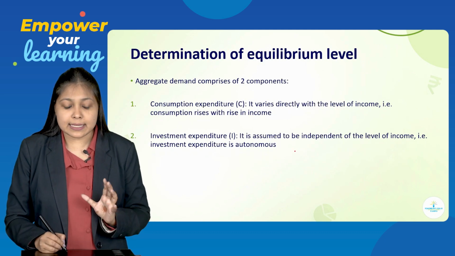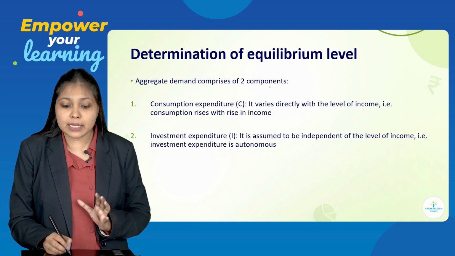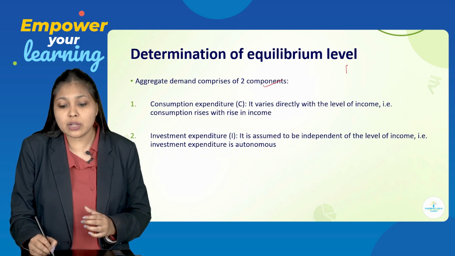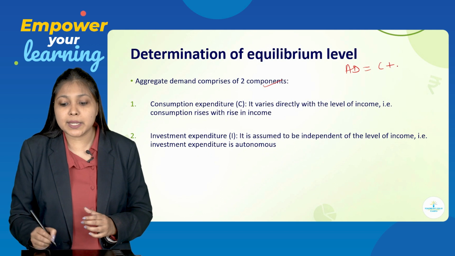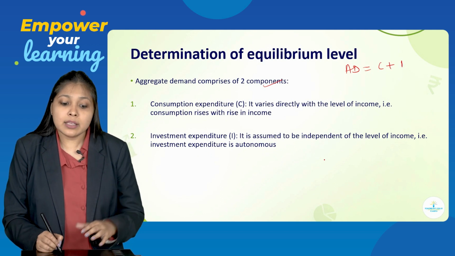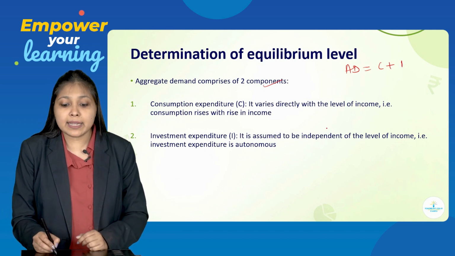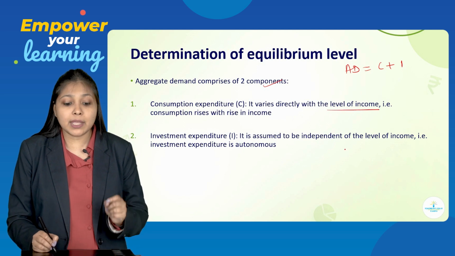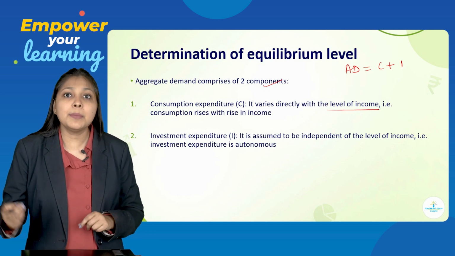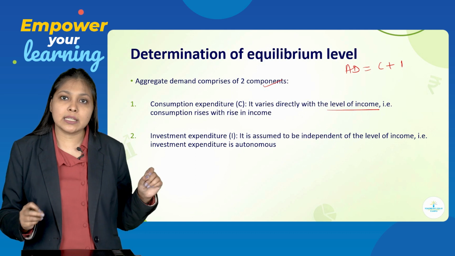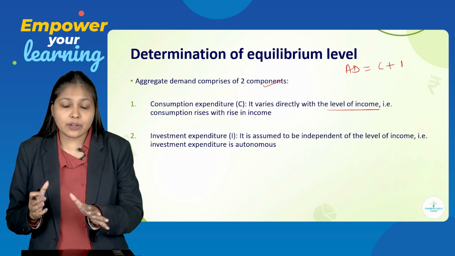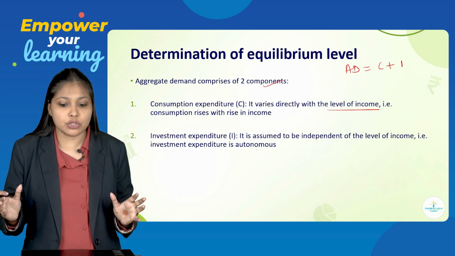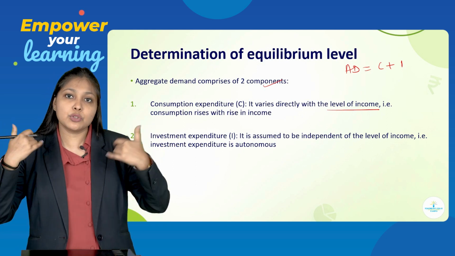So AD has 2 components, consumption expenditure and investment expenditure, that is C plus I. Consumption expenditure will vary directly with the level of income, that is consumption rises with increase in income and consumption decreases with decrease in income. There is a direct relationship between income and consumption. Income increases, consumption increases.